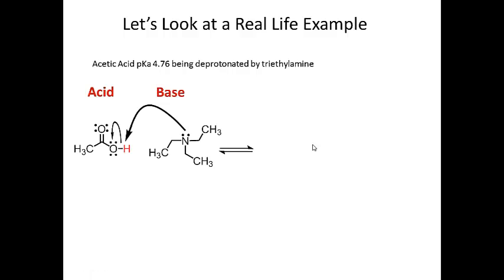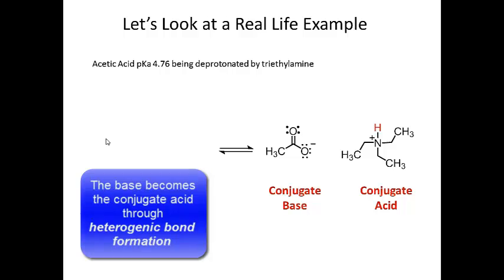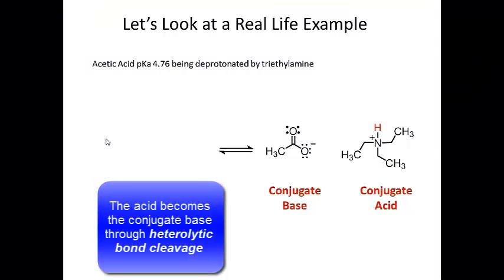Here's my acid, here's my base, and the arrows again are from base to proton, and then from the bond between the proton and whatever atom it's bonded to back onto that atom. Acid and base, now go to conjugate base and conjugate acid.